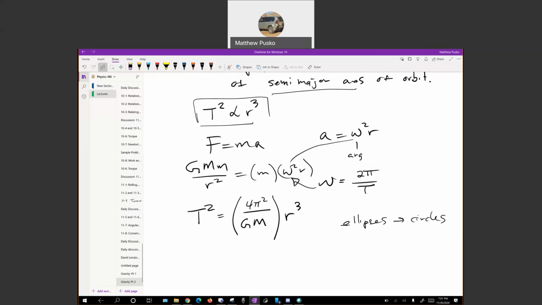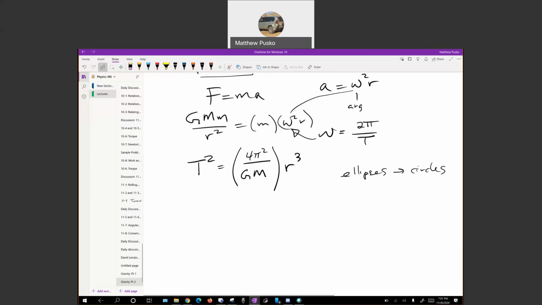I just wanted to point out one more thing. And that is something in orbit has energy also, right? It's got kinetic energy equal to 1/2 mv squared. It's got some rotational energy also of 1/2 I omega squared. And it has potential, like we just talked about.